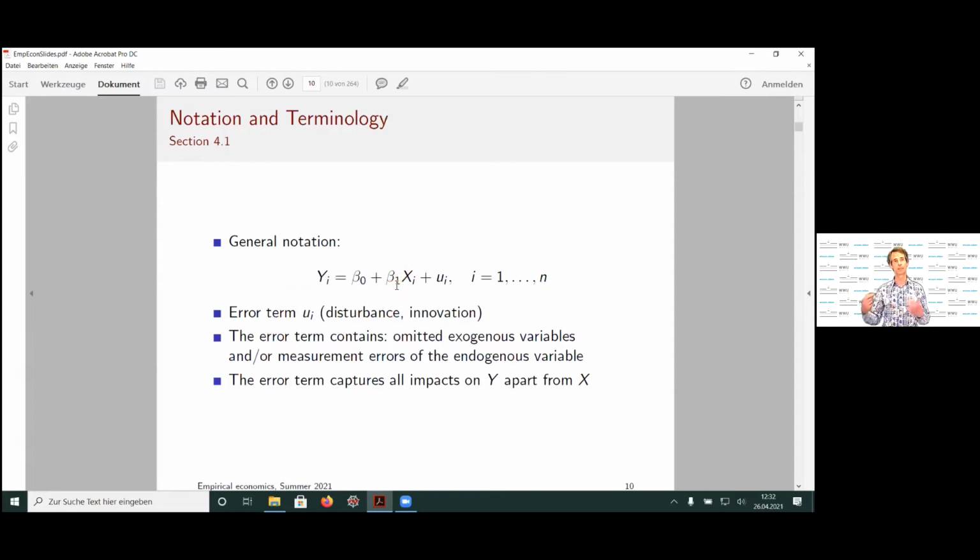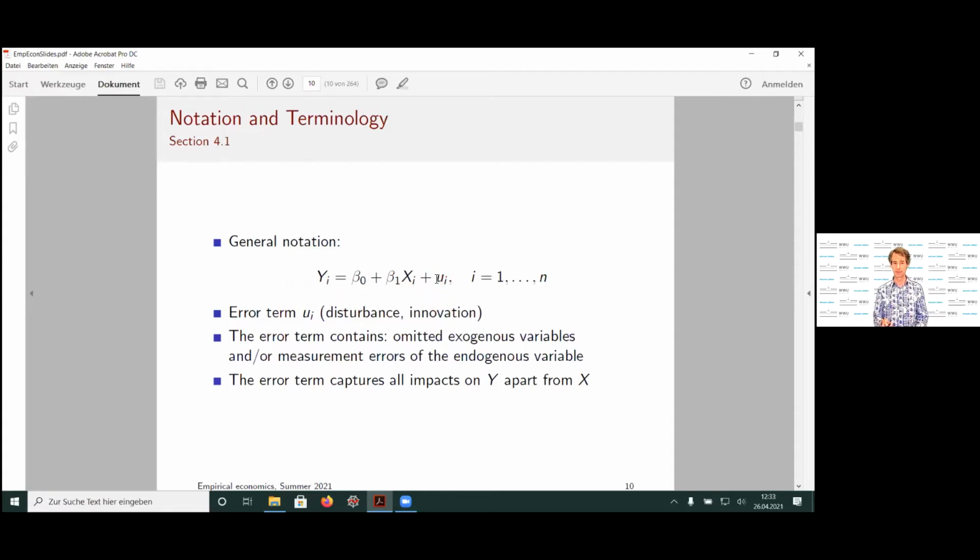So if you think back to the scatter plot Andreas has shown before, obviously the points are not on a linear line. They're not on a straight line. The points scatter around. It's really a cloud of points. So the error term captures everything which lets the yi deviate from the regression line.